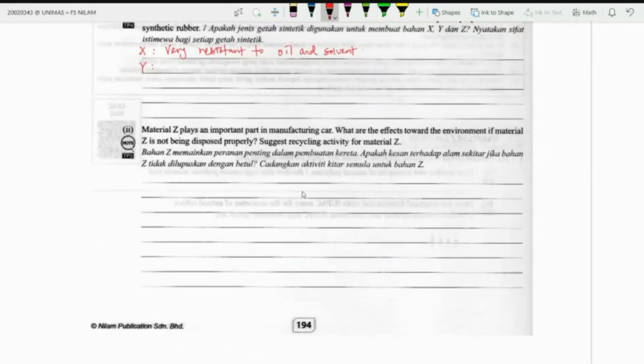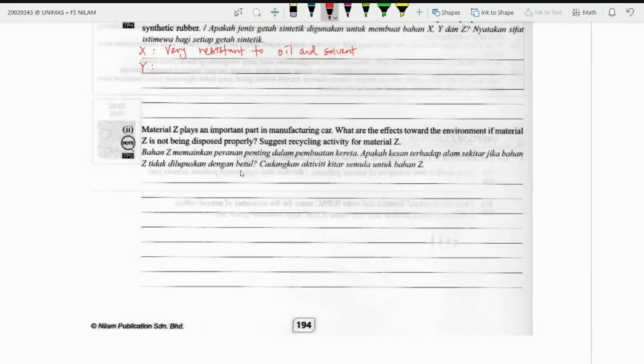So remember it. Now, materials that play an important part in manufacturing a car. What are the effects towards the environment if the material is not being disposed properly? Then suggest the recycling activity for material Z. First you have to explain what is the effect towards the environment if material Z is not being disposed properly.